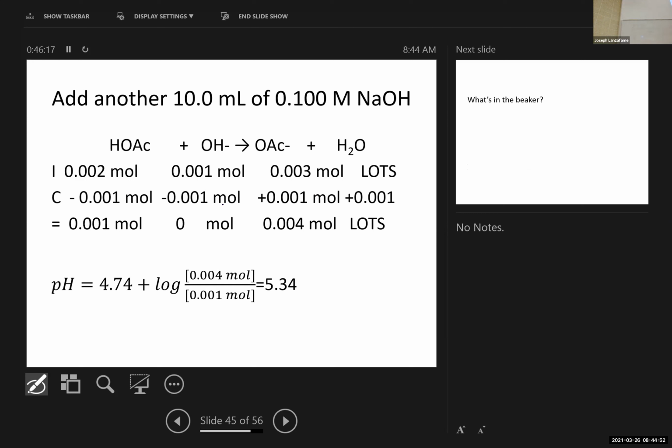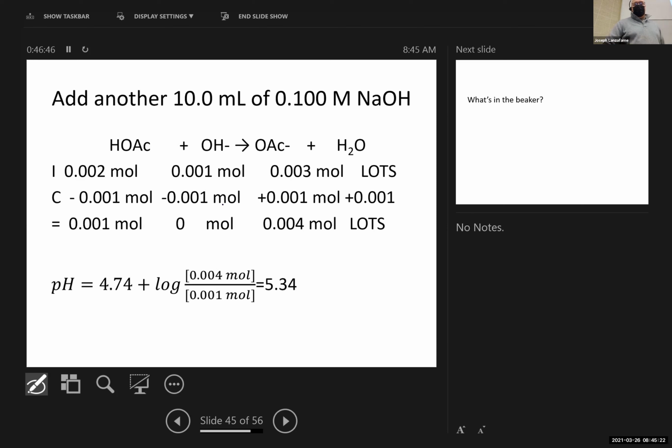My pH has gotten fairly high, all things considered, right? I started at 2.87, I went to 5.34, right? That's a change of 2.5 pH units, right? If you recall, for my strong, I went from 1 to almost 2 in that same period of time, right? So I do get bigger changes with the weak acid, right?